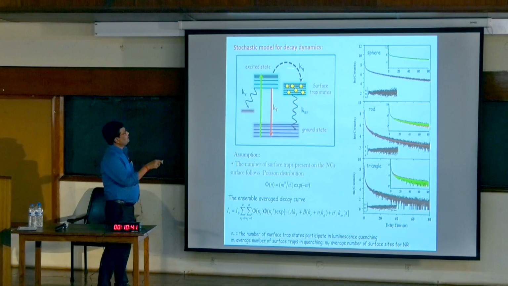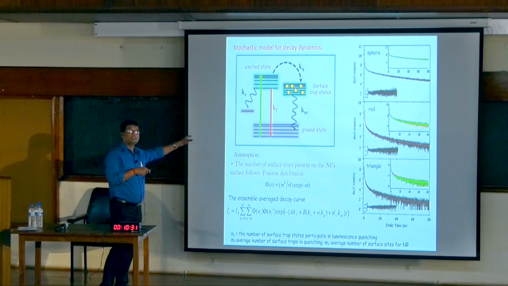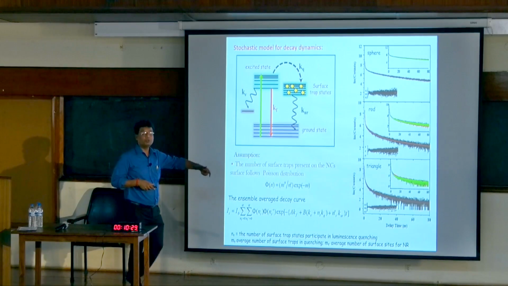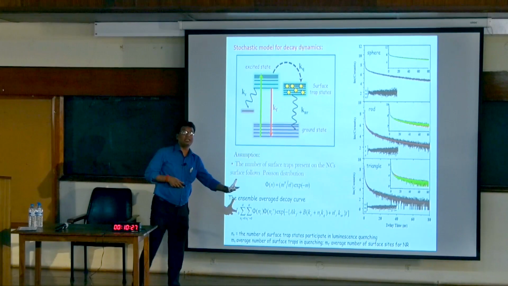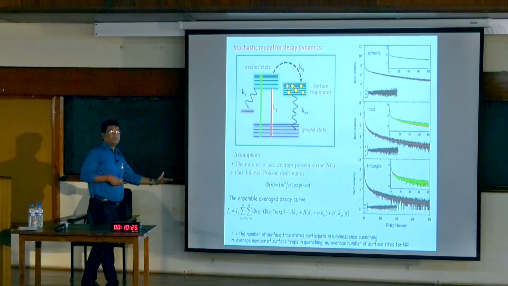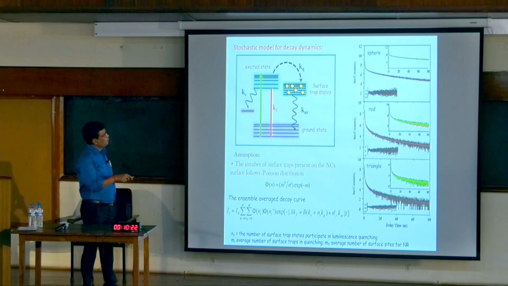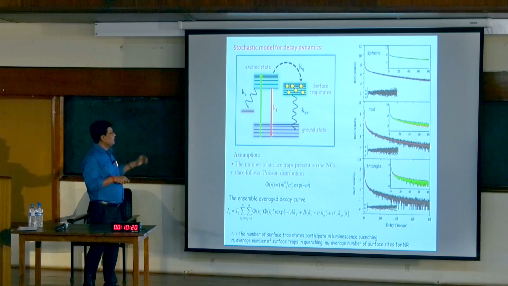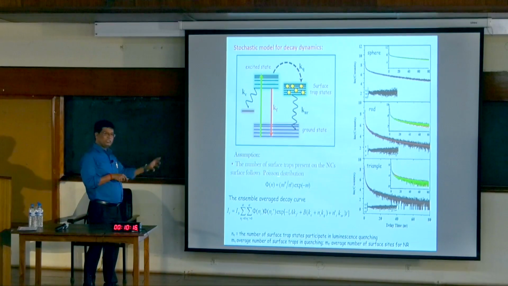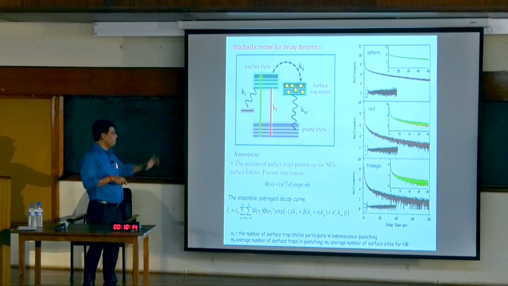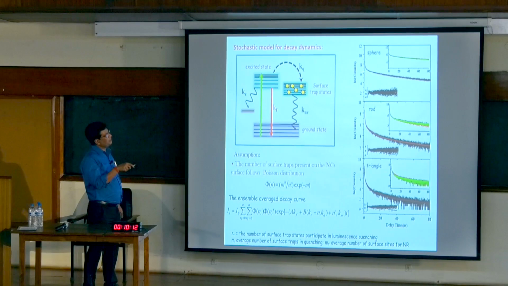So this is the simplest model, and we try to understand all these rates: the radiative rate constant, the quenching rate constant, the non-radiative rate constant, and obviously the ligand you have to consider, because different kinds of ligand are used in preparation to stabilize the nanoparticle, so there is a probability of charge transfer taking place. Considering all these points, and one assumption, that the number of trap states on the nanoparticle follows a Poisson distribution, we derived an equation and tried to fit this curve.